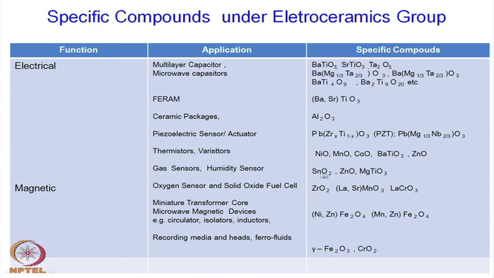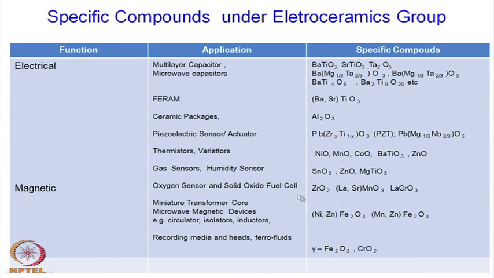As PSZ, partially stabilized zirconia, it is a tough ceramic, whereas fully stabilized zirconia, with some calcium oxide or yttrium oxide addition, enhances the oxygen ion conductivity. So, it is no longer an electronic conductor, but an oxygen ion conductor.